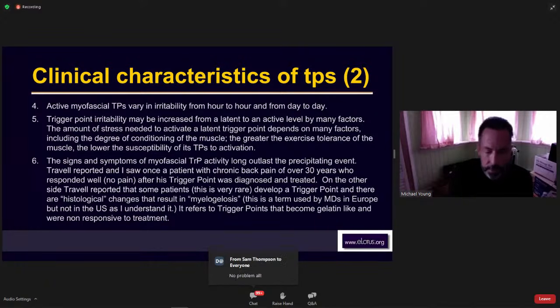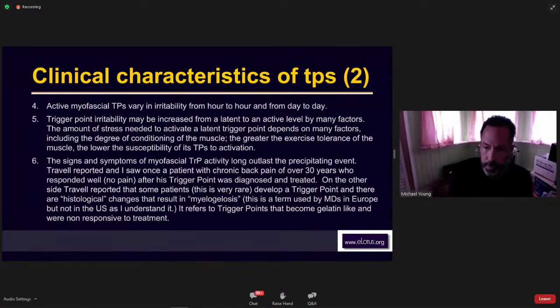And then on the other side, Travell talks about this. It's very rare, but some people develop trigger points, and she called them histological, which basically means tissue changes that result in myogelosis, a term I've talked to a couple of MDs in the States about, and apparently it's not used in the States, but MDs in Europe refer to it. It's in homotoxicology, which is a branch of homeopathic medicine.